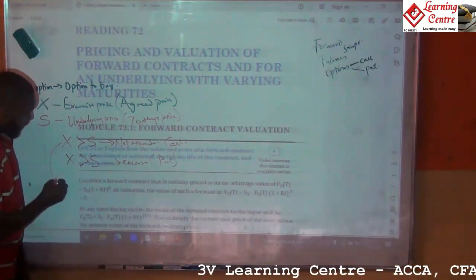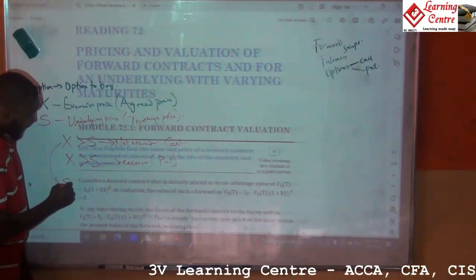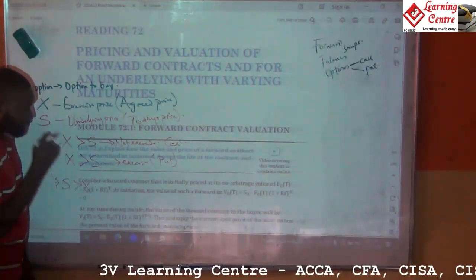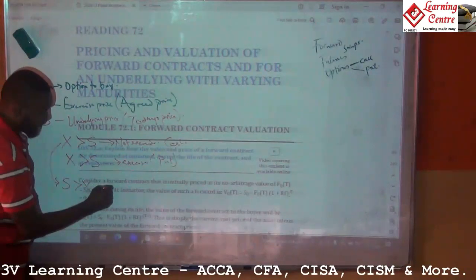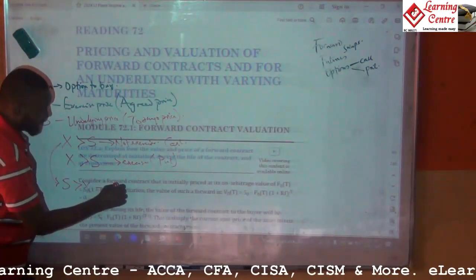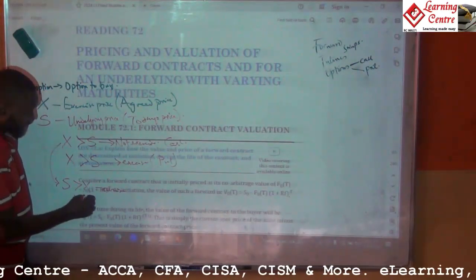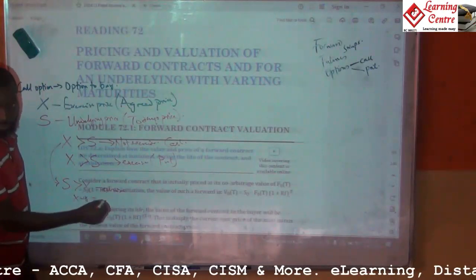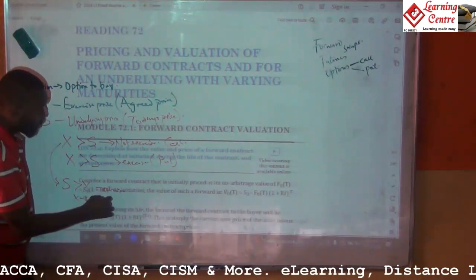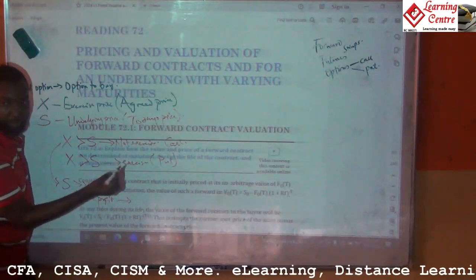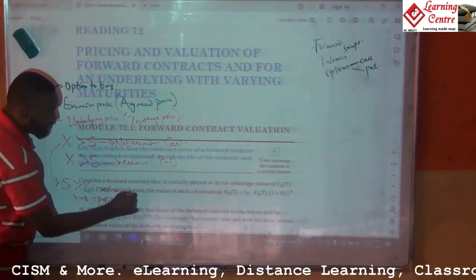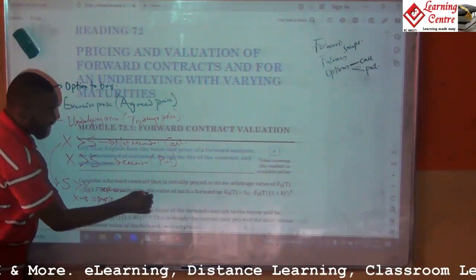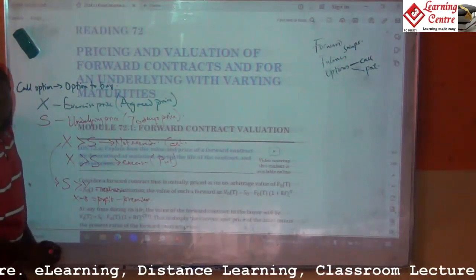But if we now say S is greater than X, it means in this case you will exercise. And then the difference between S and X is your benefit, profit. But we have to take out that premium: the profit minus the premium you have paid from the beginning.